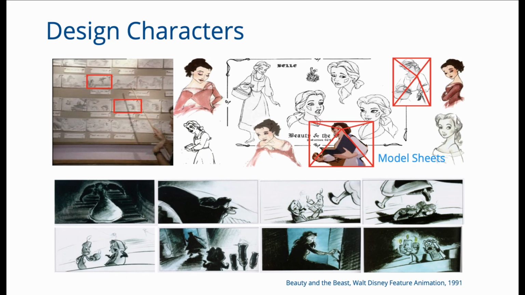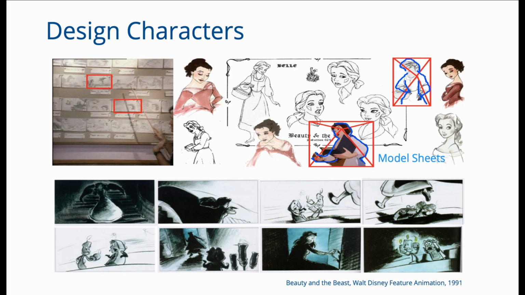Then detailed model sheets of characters are developed where the main characters are drawn from various angles, and you not only fix the look of the character from various directions, you also fix what kind of color palettes you are going to use, what kind of clothes they are going to wear, and how they look from various directions.